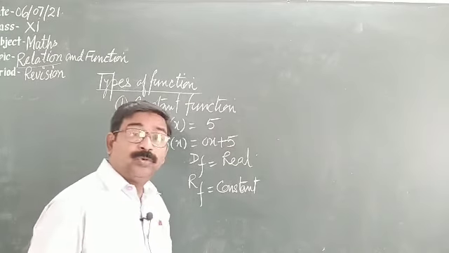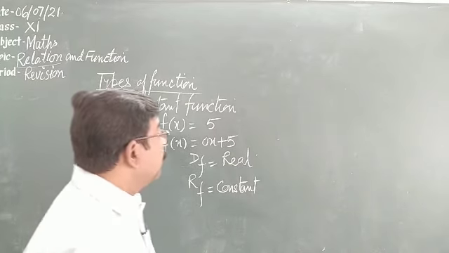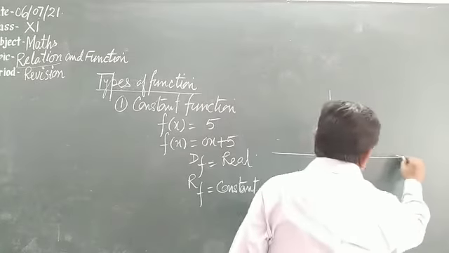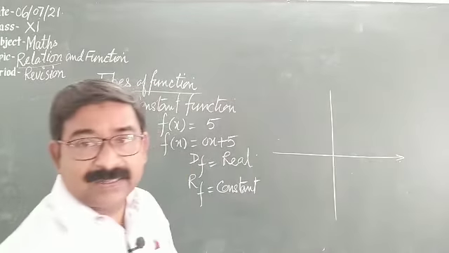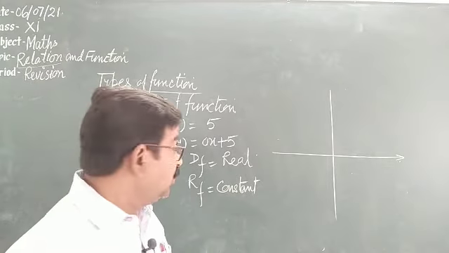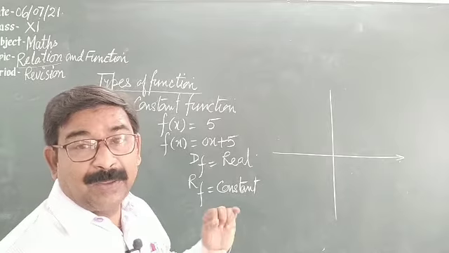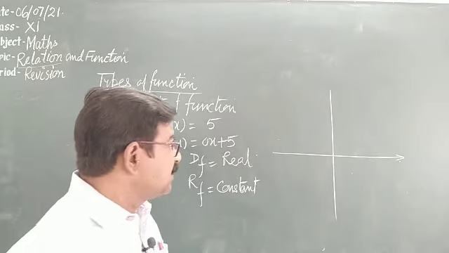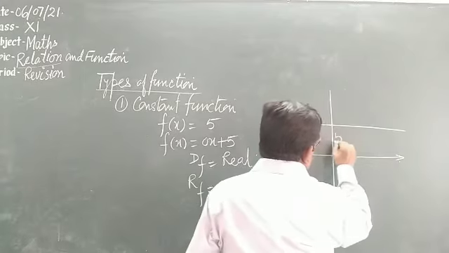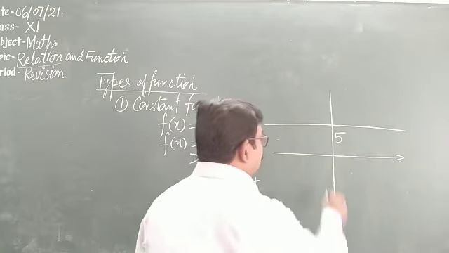Why is it so? Because when you plot the graph of this function, it has been shown in the usual classes. When we plot the graph of this kind of function, a line will be parallel to the x-axis and at 5 units from the origin.